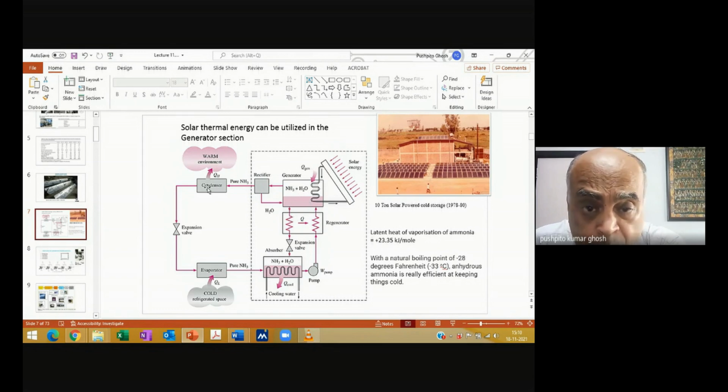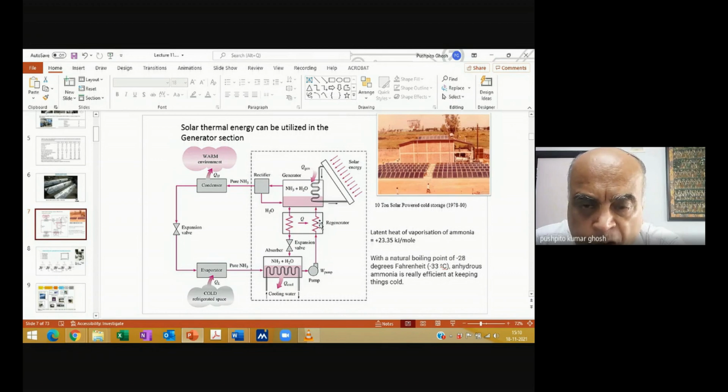The ammonia has gone off, but my water will still be quite hot. So I do two things. This is hot water. Now this stuff is my cold stream, and I'm trying to heat it up, so there will be a heat exchange between this returning stream of water and this outgoing stream of ammonia water. So this is how you warm it up.